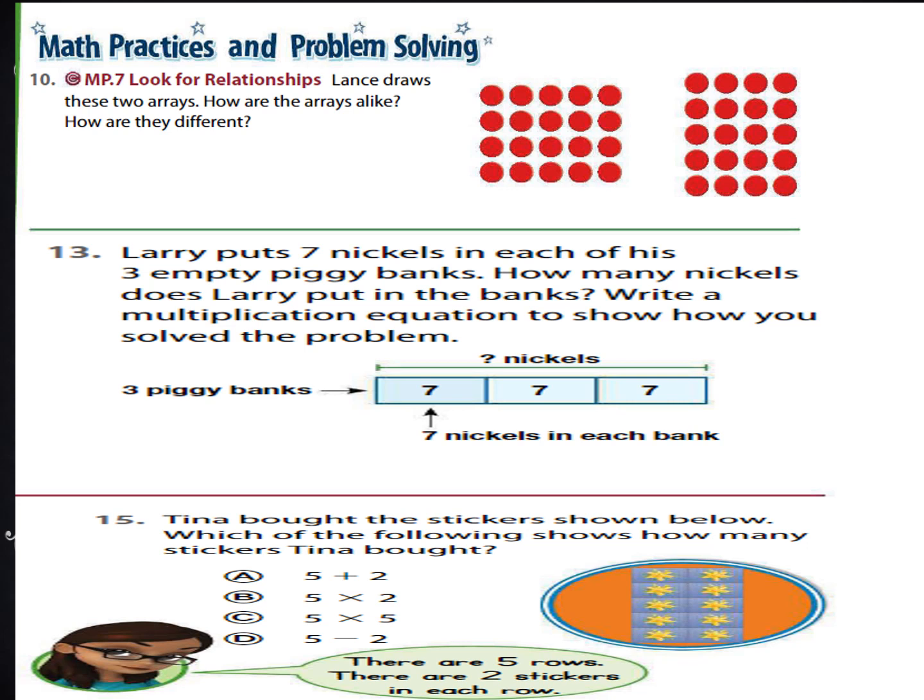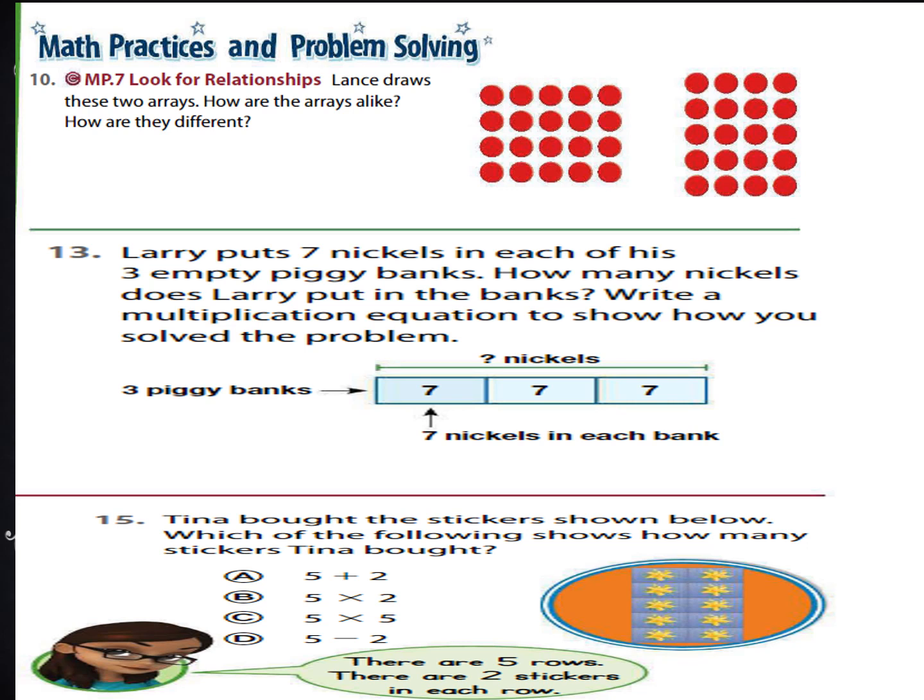We have 3 piggy banks, in each one 7. 3 groups of 7. What is the multiplication equation? Amazing. 3 multiplied by 7. Can you add 7 plus 7 plus 7 to find the product? Excellent. 3 multiplied by 7 equals 21.